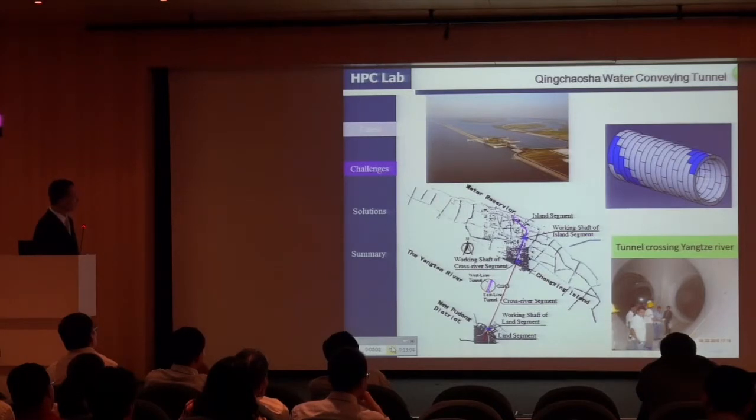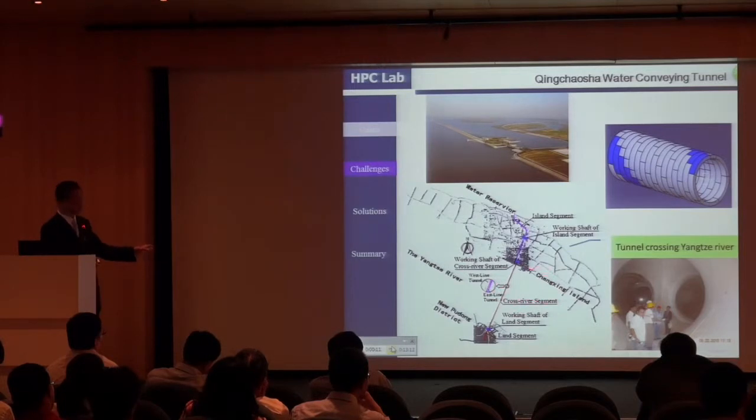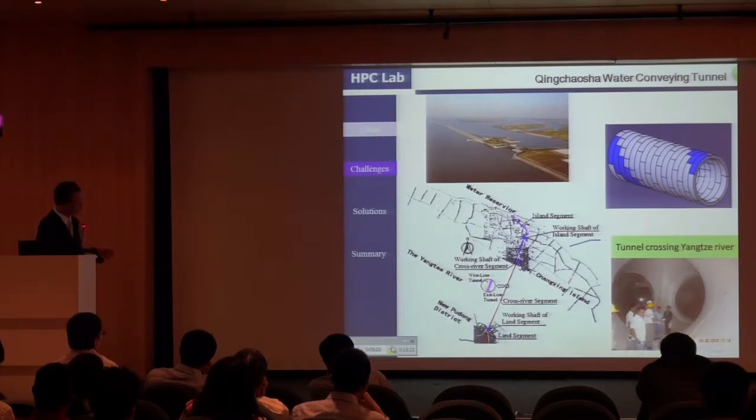To account for those kinds of projects, if the pipeline crossing the river is damaged during an earthquake, that would be a tragedy to the people. 25 million people with no clean water, so that would be a tragedy.